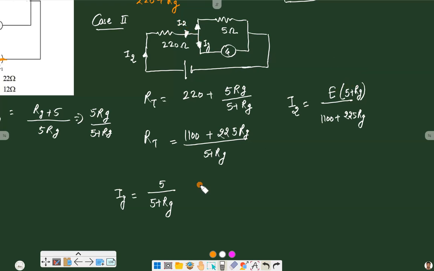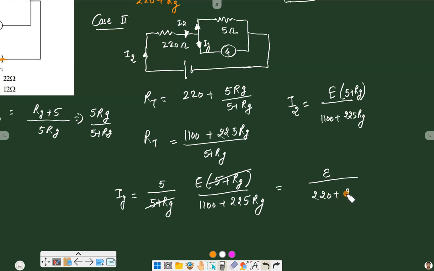So E times (5 plus Rg) divided by (1100 plus 225 Rg). So 5 plus Rg gets cancelled, and here we can divide this whole equation by 5. So we will be left with E by 220 plus 25 Rg. That's the value of current flowing through the galvanometer in the second case.